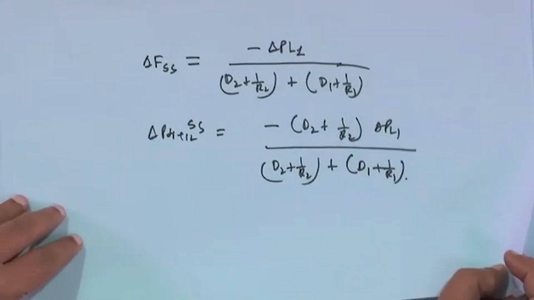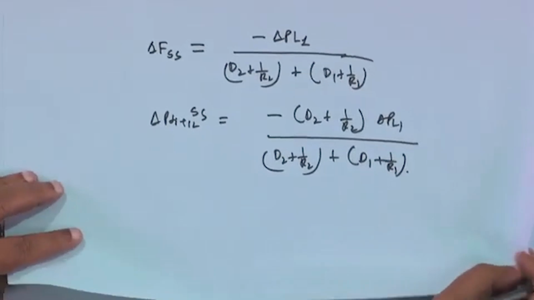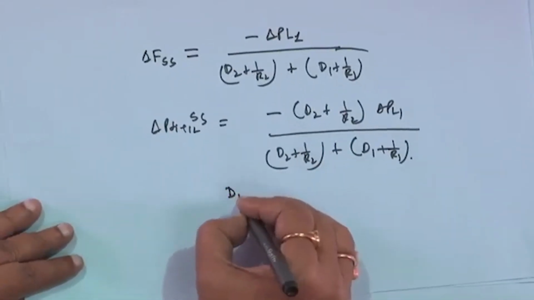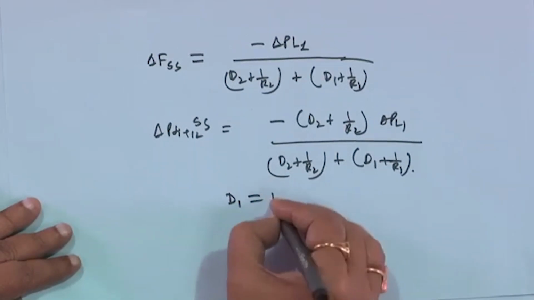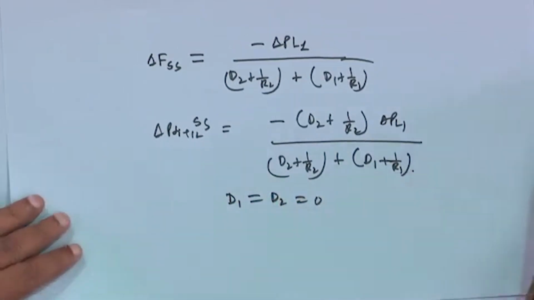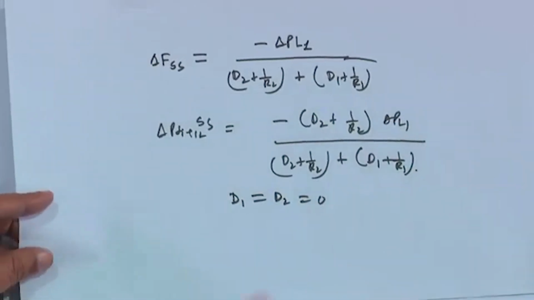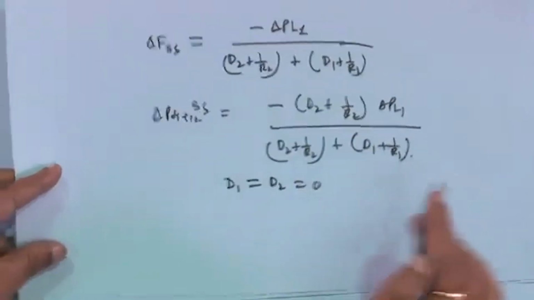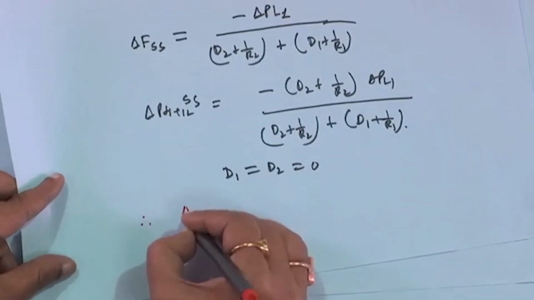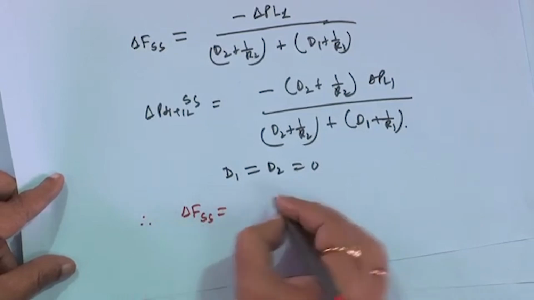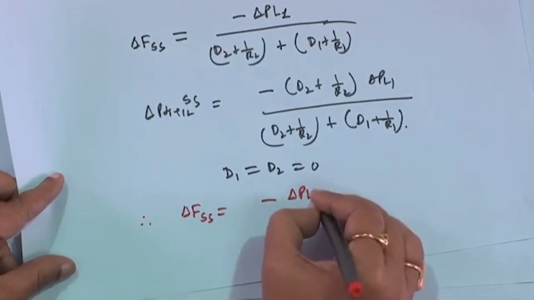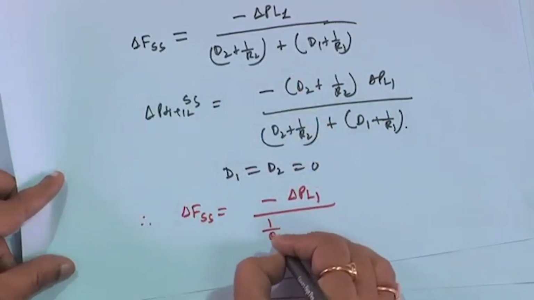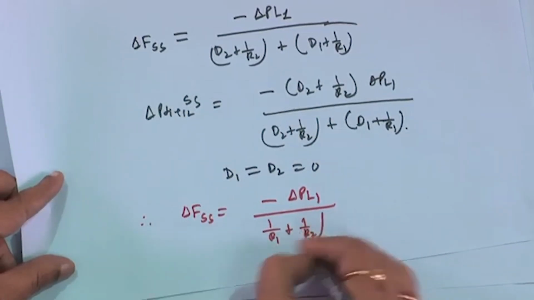Now, suppose you assume load is insensitive to the changes in frequency, just for the sake of clarification, say D1 is equal to D2 is equal to 0. If D1 is equal to D2 is equal to 0, then delta F steady state will be minus delta PL1 divided by 1 upon R1 plus 1 upon R2.